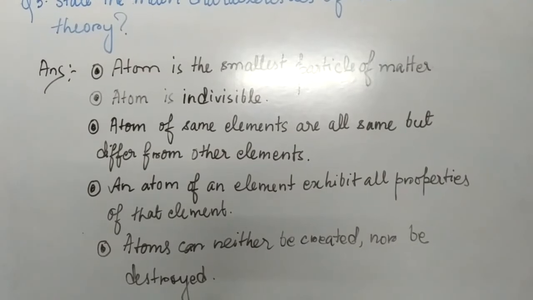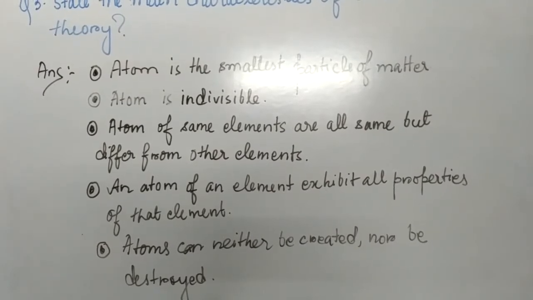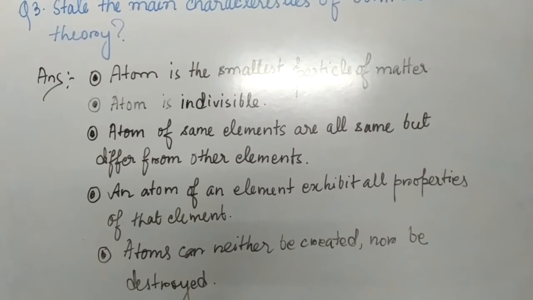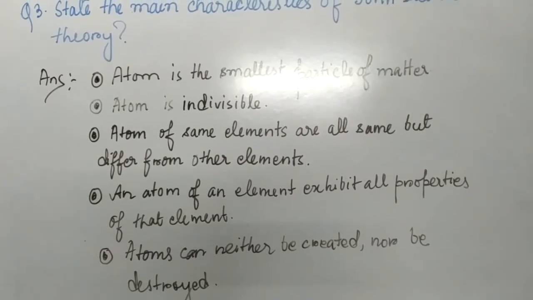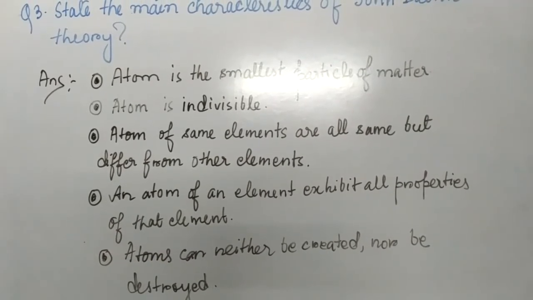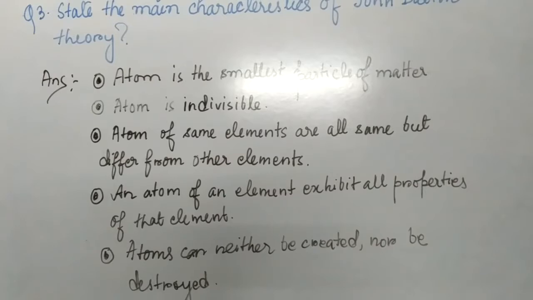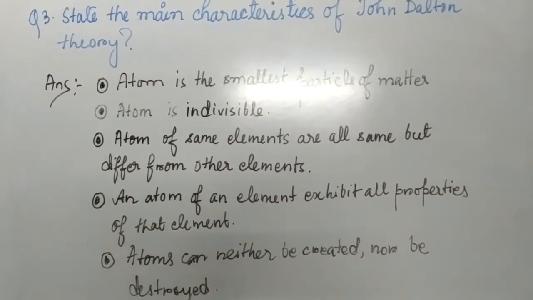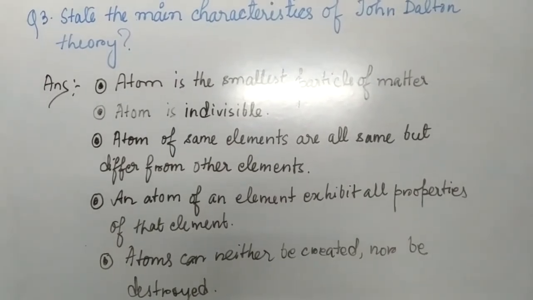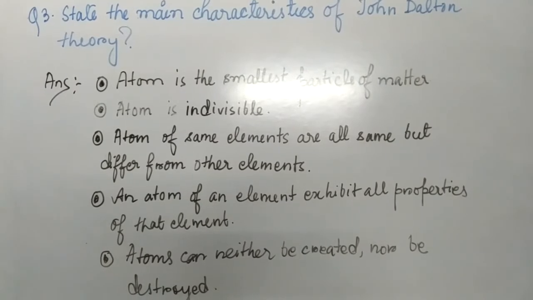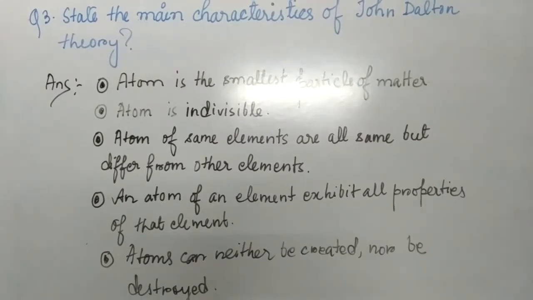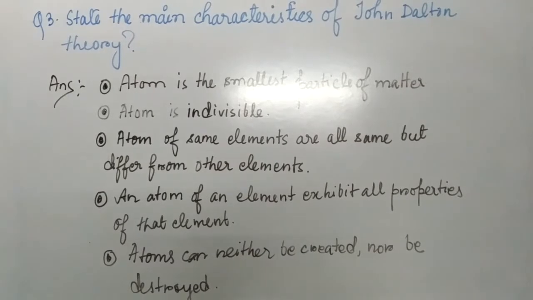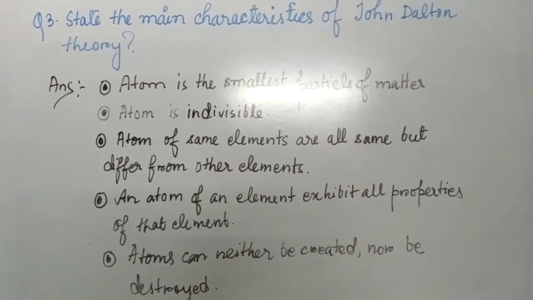Like air is matter, water is matter, whatever you all see around, everything is matter. Now matter is made up of these tiny units called atoms. Now as matter can neither be created nor be destroyed, so does the atom, which can neither be created nor be destroyed. So I hope the characteristics are clear to you all.